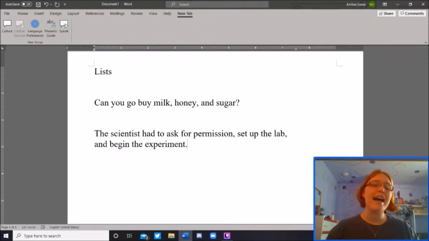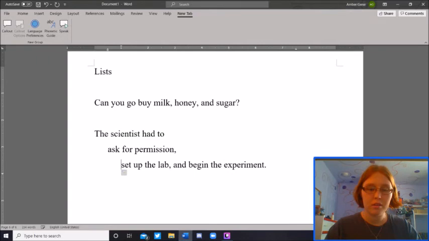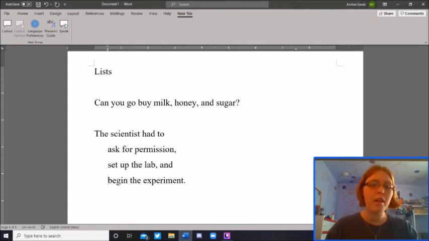The scientist had to ask for permission, set up the lab, and begin the experiment. Each of these list items, and I'm just going to separate them out so that way it's easier for y'all to see. The scientist had to ask for permission, had to set up the lab, had to begin the experiment.